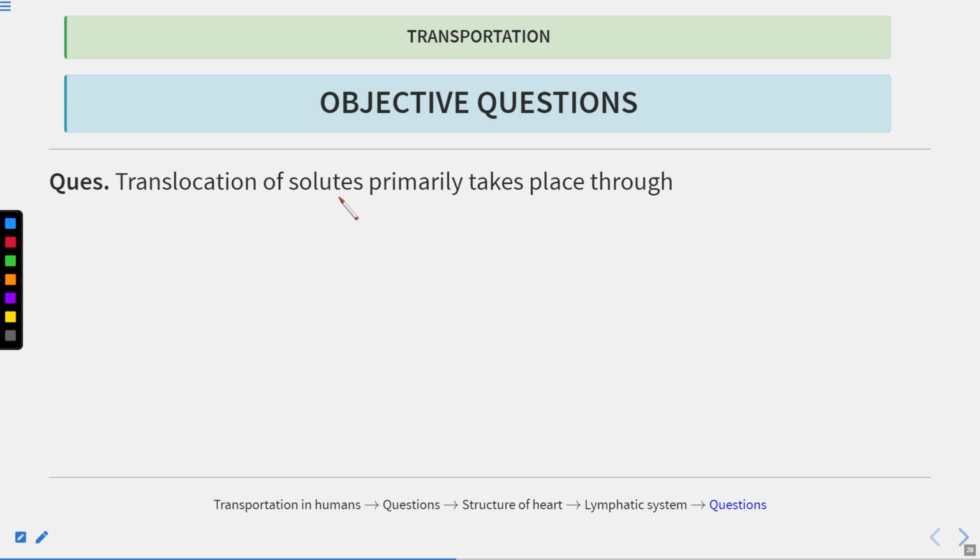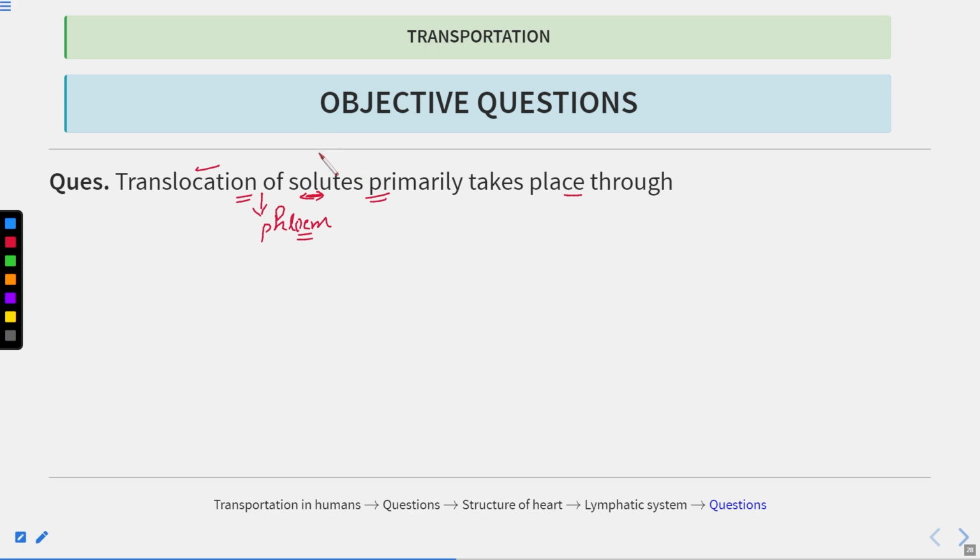The next question is: translocation of solutes primarily takes place through. So whenever we talk about the transport or movement of solutes, we use the term translocation. And this happens with the help of phloem. So phloem is involved in the translocation of solutes.